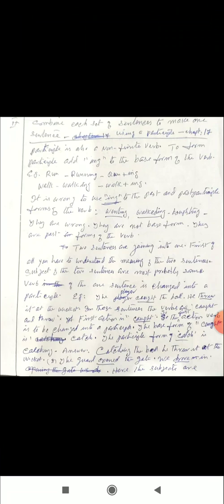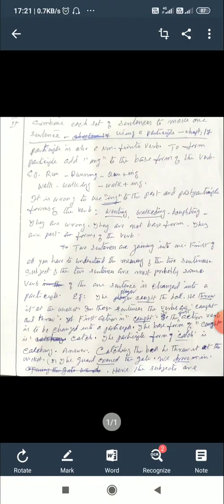The guard opened the gate, we drove in. Here the subjects are different. In the first sentence, the guard. In the second sentence, we. So here we have to use a perfect participle.